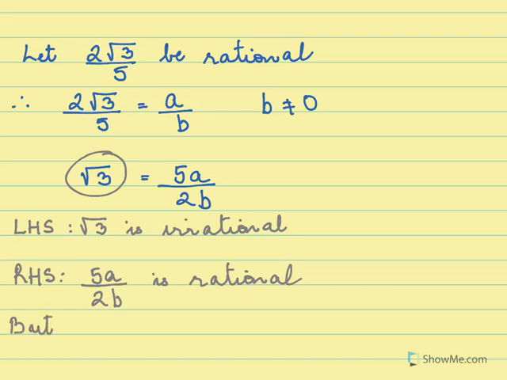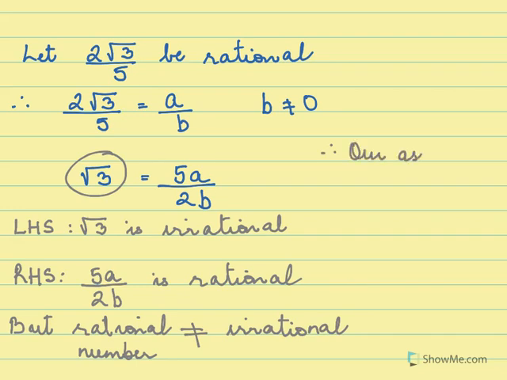But a rational number is not equal to an irrational. Therefore, our assumption is wrong. So we can say 2 root 3 by 5 is irrational.